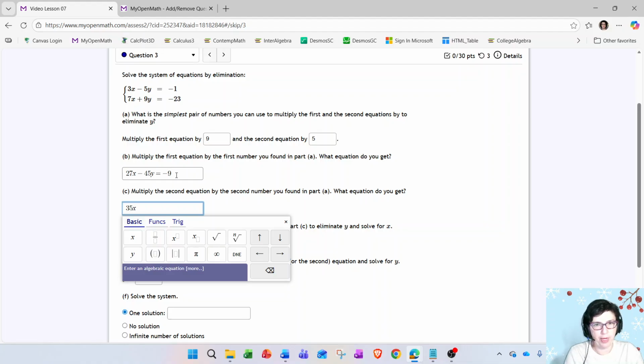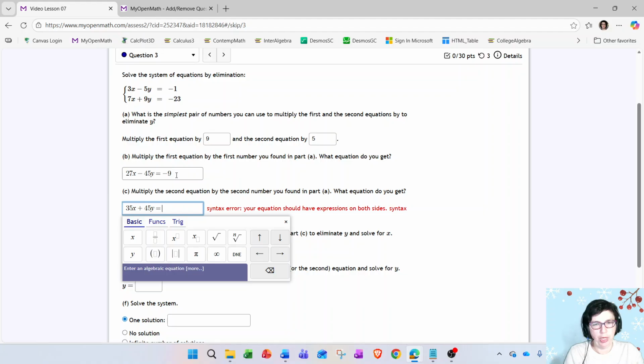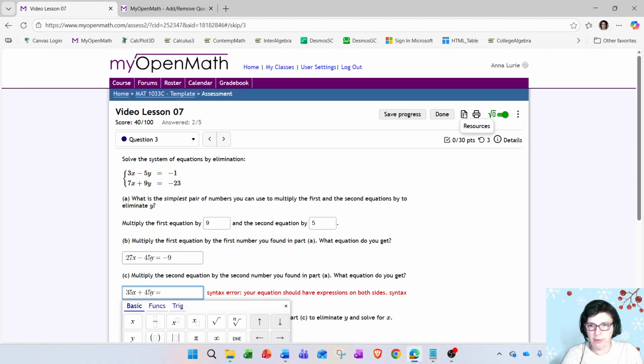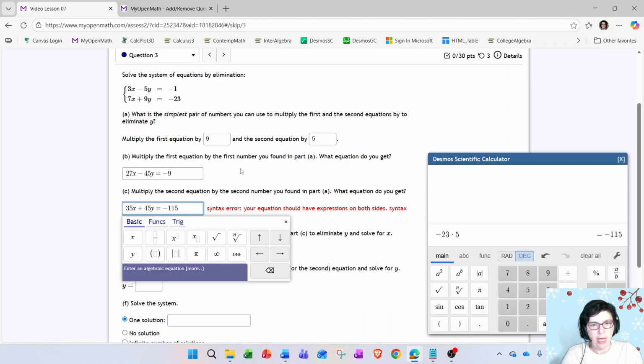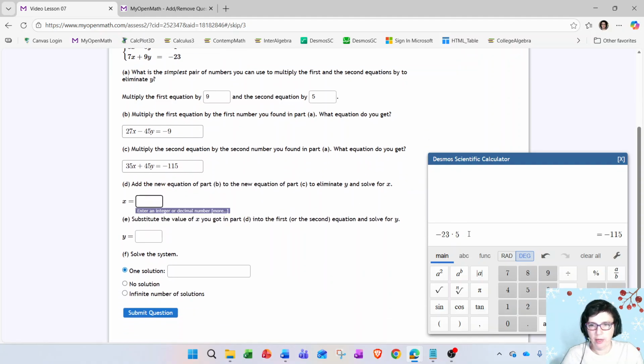So 35x plus 45y, that was equal to negative 23 times 5, negative 115. And then when we added them, we got 27 plus 35, that's 62. And then on the other side, we had negative 124. We divided and we got negative 2.